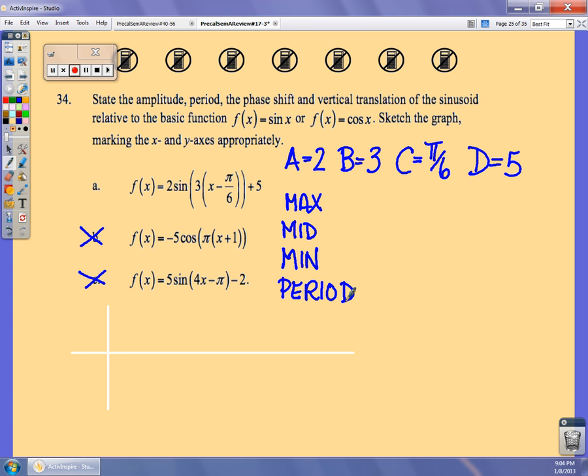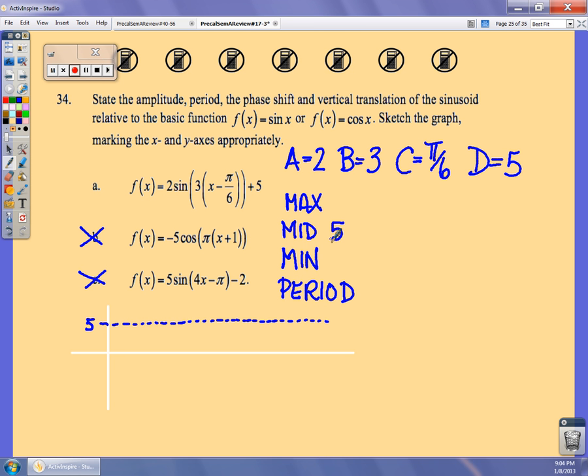Now, if our midline is equal to 5, I'm going to go here, and here's 5 on our graph. We got that midline from our D value.